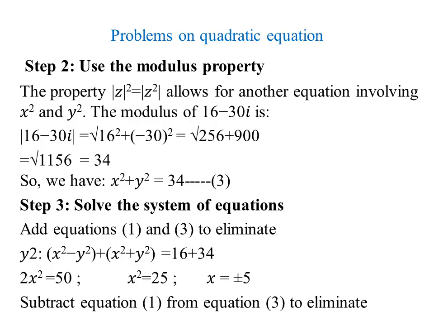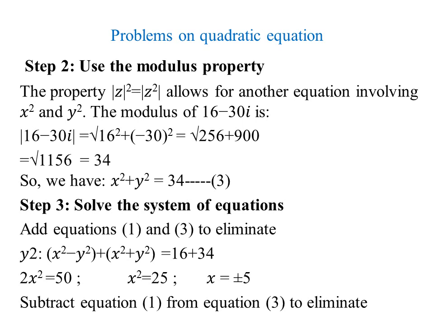In step 3, we solve the system of equations. Here we add equations 1 and 3 to eliminate y square, that is, x square minus y square plus x square plus y square is equal to 16 plus 34.